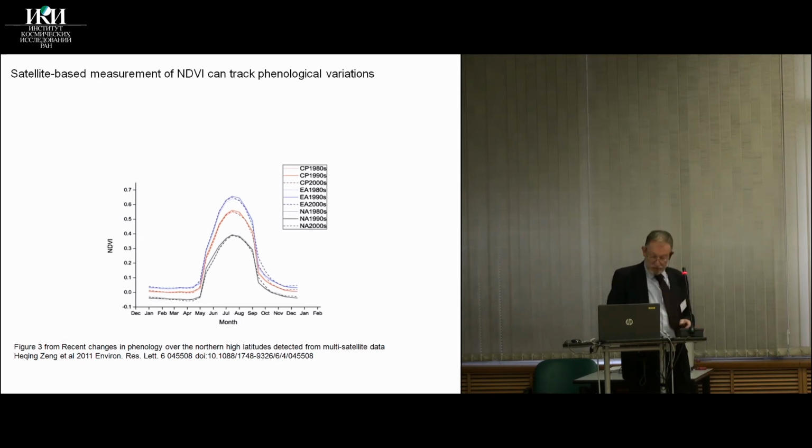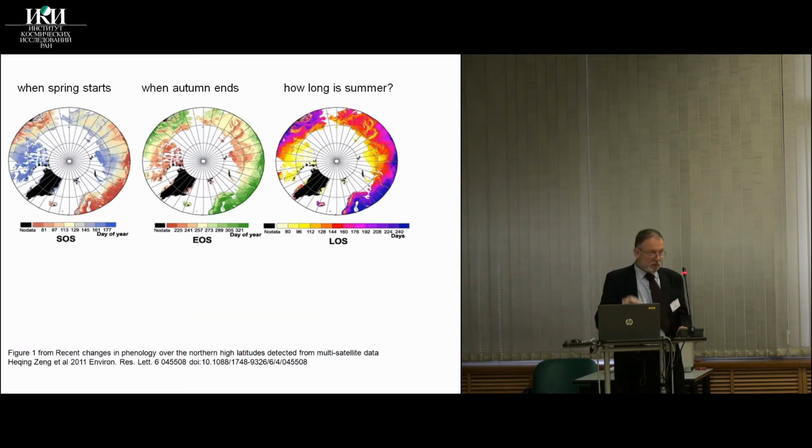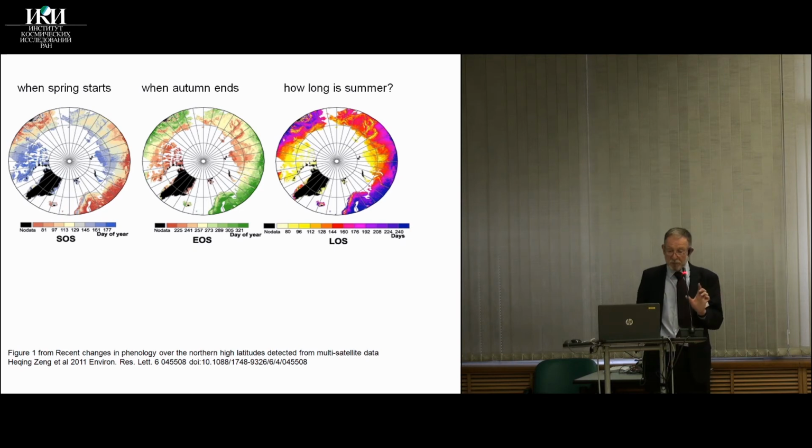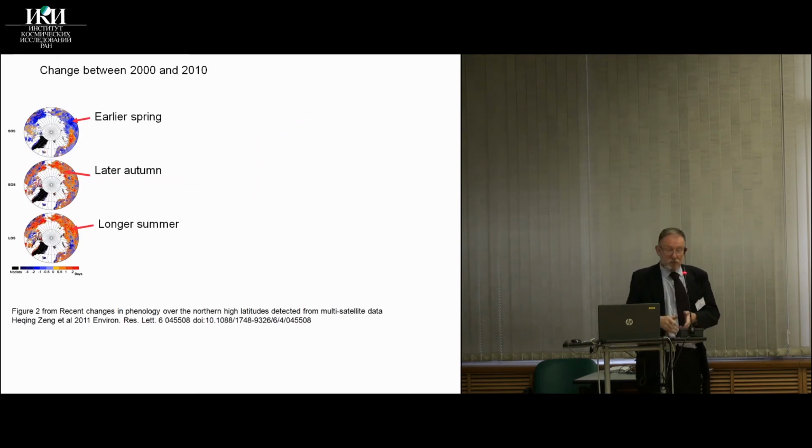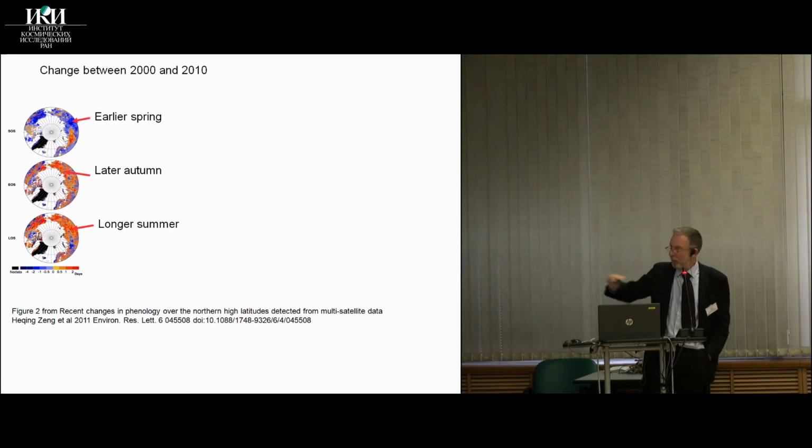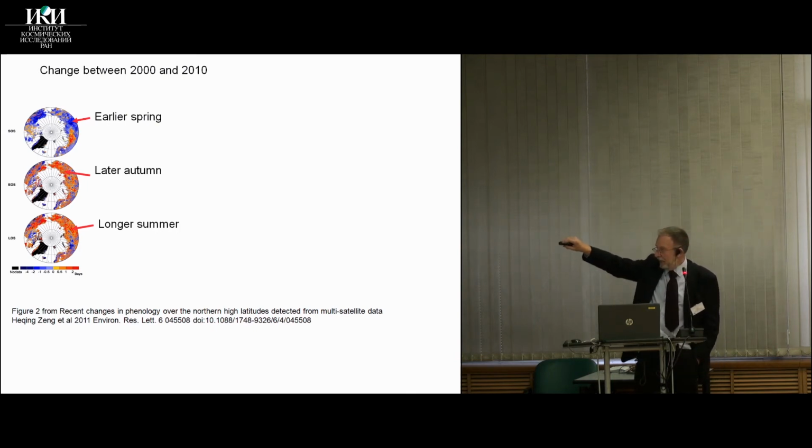Once we have the ability to do this, we can track phenology over time, we can date the onset of spring, we can date the onset of autumn, we can subtract one from the other and establish the length of the summer. We can do this as a time series and investigate the rate of change of these parameters. So here again, it's not our work, it's Zeng et al.